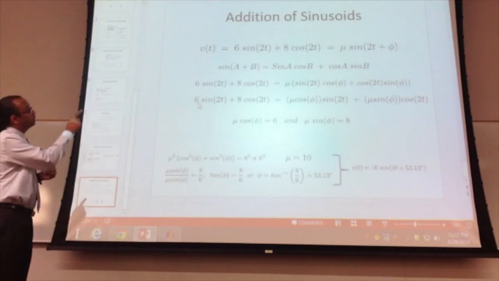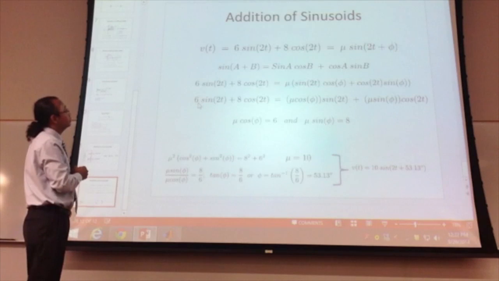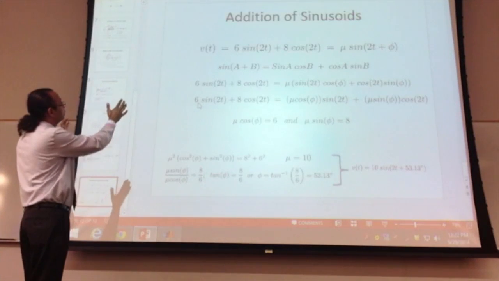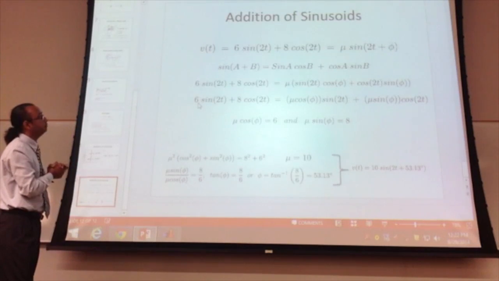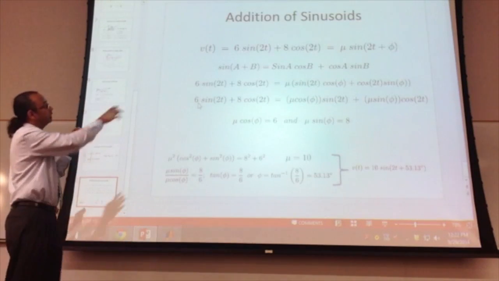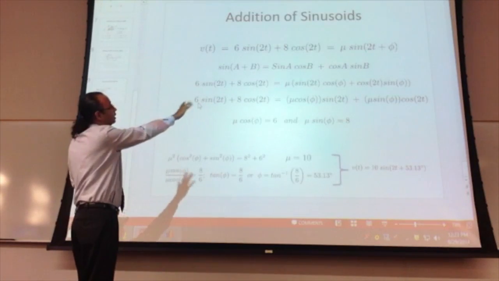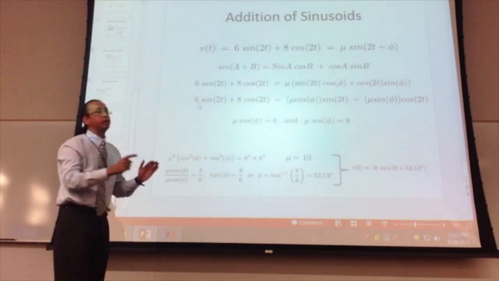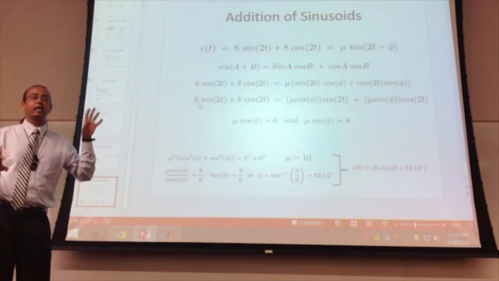So what we will do is take the 6 sine 2t plus 8 cosine 2t, and we will expand the right-hand side. I keep the left-hand side unchanged, and the right-hand side I have mu sine of 2t plus phi. So that's of the form sine of A plus B.